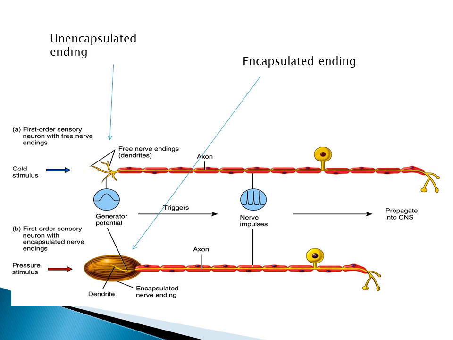I have a diagram here that shows two types of afferent neurons and two different types of receptive endings. The first simply is a pictorial diagram of free nerve endings, and the second is a pictorial representation of some type of an encapsulated nerve ending.